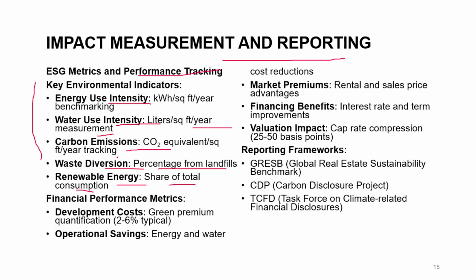ESG metrics. Then financial performance metrics will include development costs, so green premium quantification of 2 to 6% above construction, so that will be there. Operational savings, track energy and water cost reductions, so that will be in the financial, and the market premiums will measure the rental and sale price advantages.